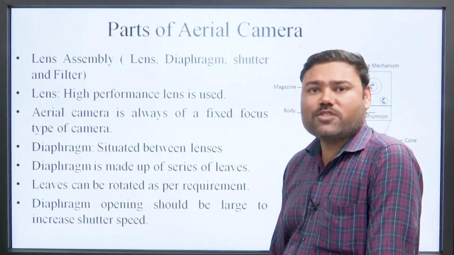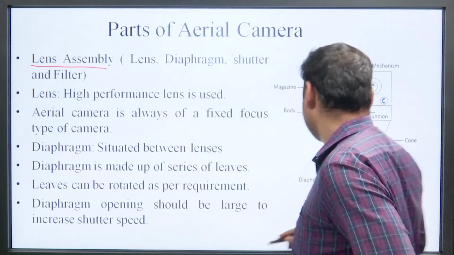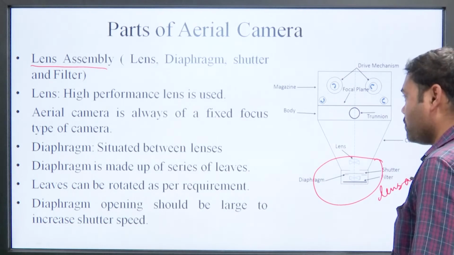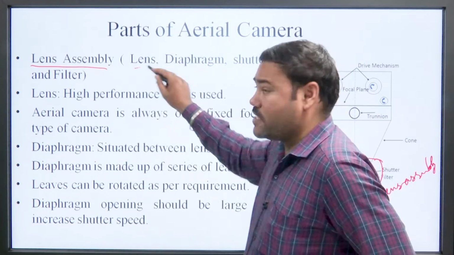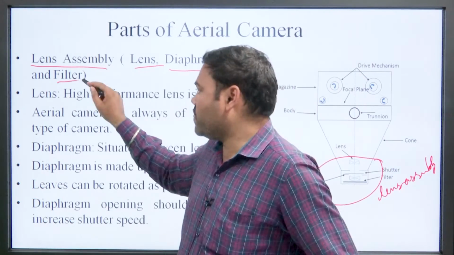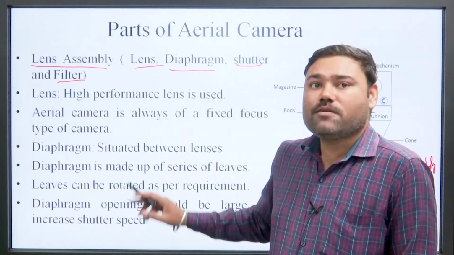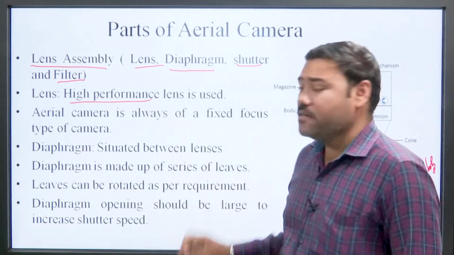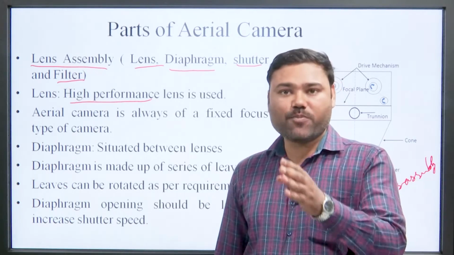Talking about the parts of an aerial camera, first the lens assembly. It consists of lens, diaphragm, shutter, and a filter. The lens used in an aerial camera must be of high performance. An aerial camera is always a fixed focus type of camera.